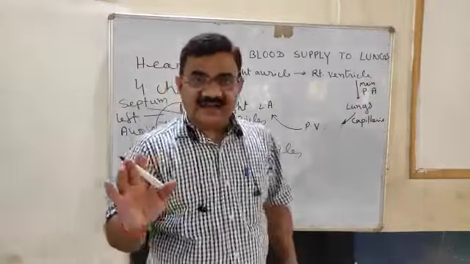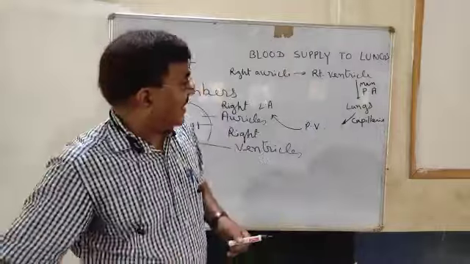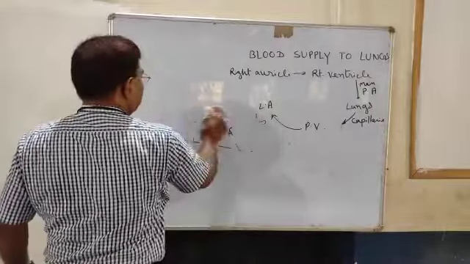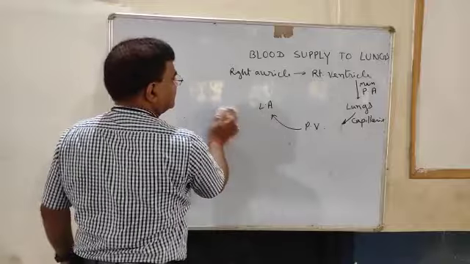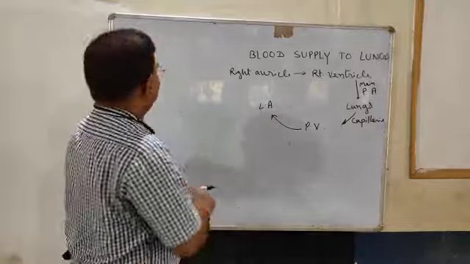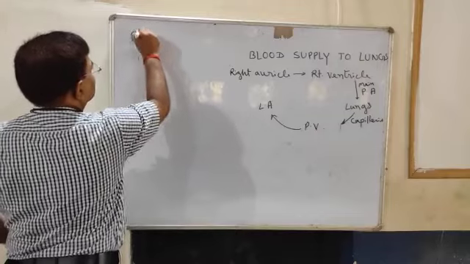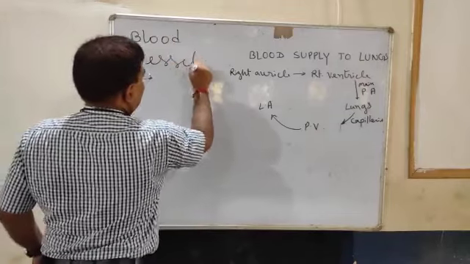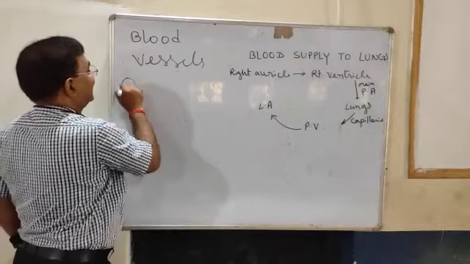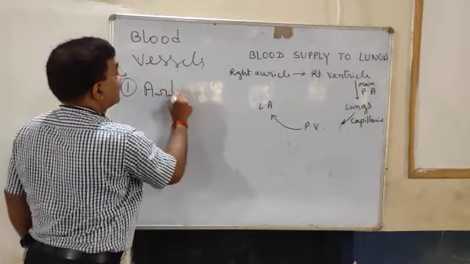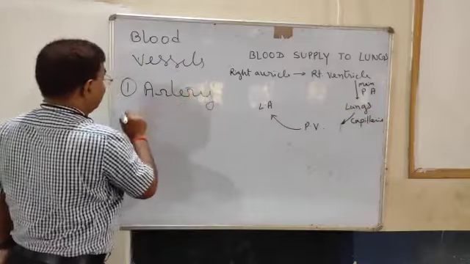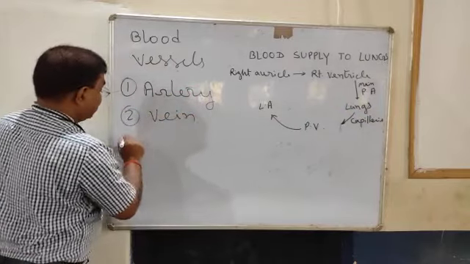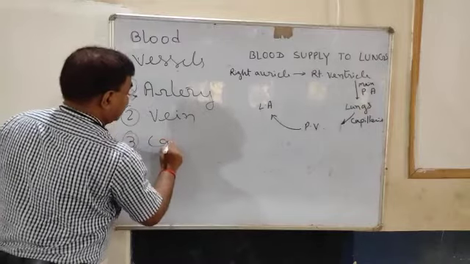This part is clear. Now one more thing I would like to make clear is about the blood vessels. There are 3 types of blood vessel. The first one is artery, the second is vein, and the third is capillaries.